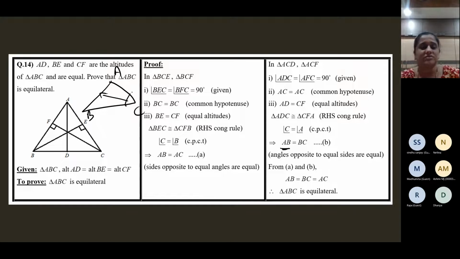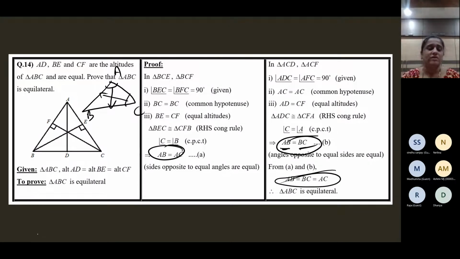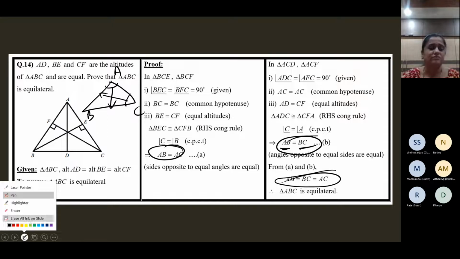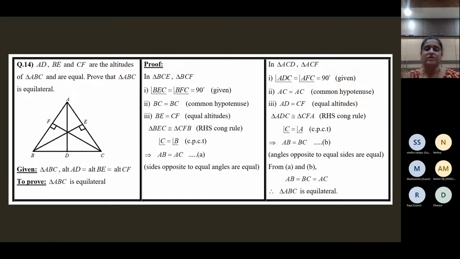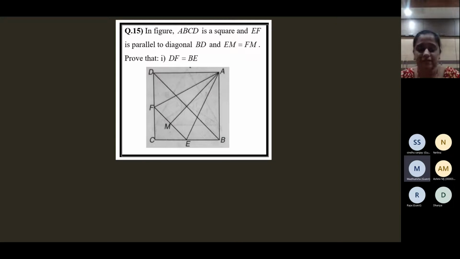AB is equal to the side opposite to angle A, which is BC. So AB is equal to BC. So now we have AB is equal to AC, AB is equal to BC. That means all the three are equal. AB, BC, AC, all are equal. That means the triangle is equilateral. Understood, children? Yes, ma'am.